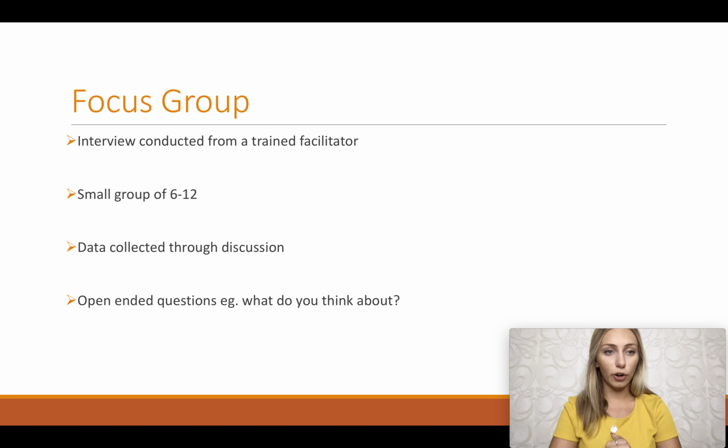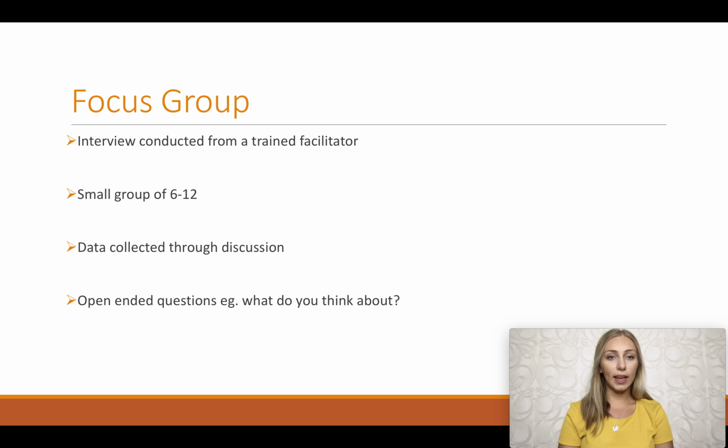Okay, so the focus group. The focus group qualitative investigation design is an interview conducted by a trained facilitator. You may have a really small group, only about 6 to 12 people. The data is collected through a discussion and it uses open-ended questions.